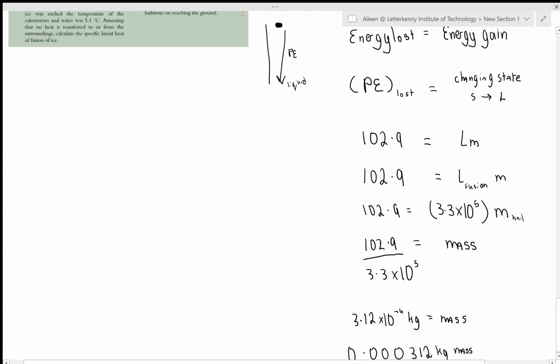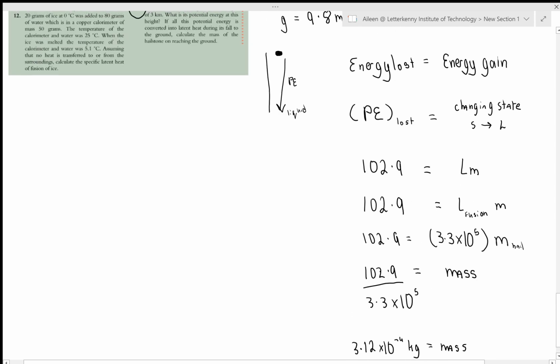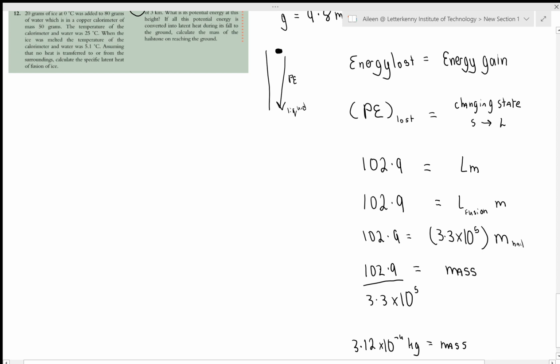So in this question, as our hailstone falls to the ground, the hailstone uses its potential energy to change from a solid into a liquid.